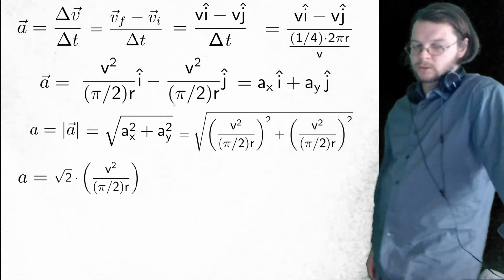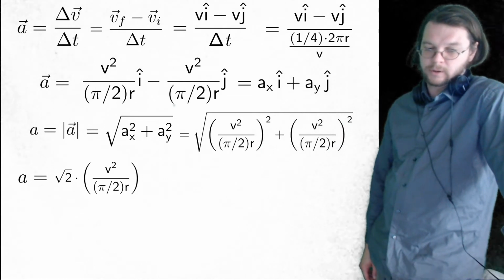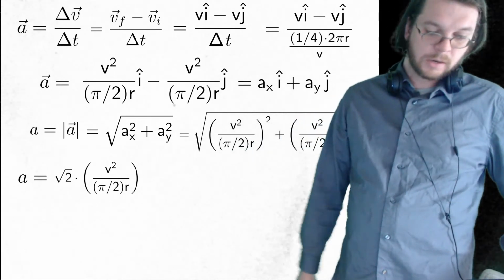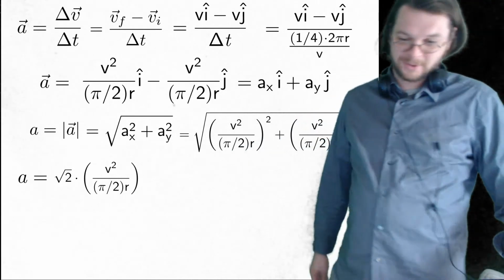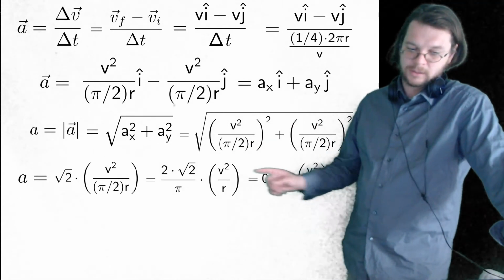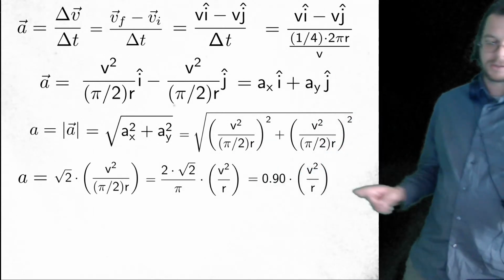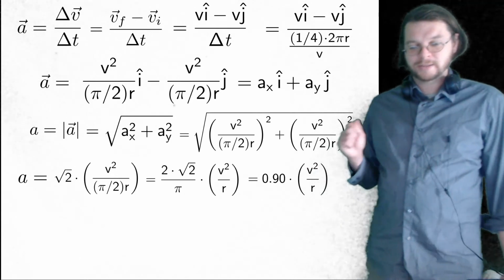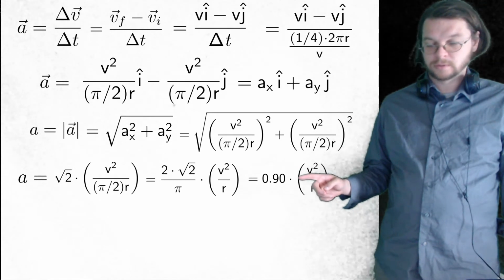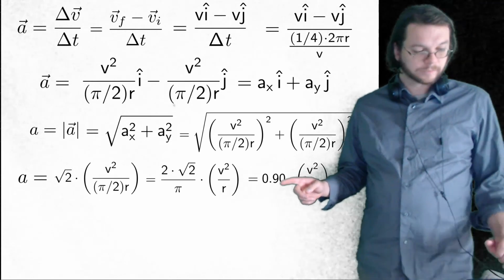Now we're in a position to figure out if we got v squared over r, and if you stick this into a calculator, which maybe you should try, see what you get. You end up finding that this equals 0.90 times v squared over r. So it's not exactly equal to v squared over r, but it's almost exactly equal to v squared over r.